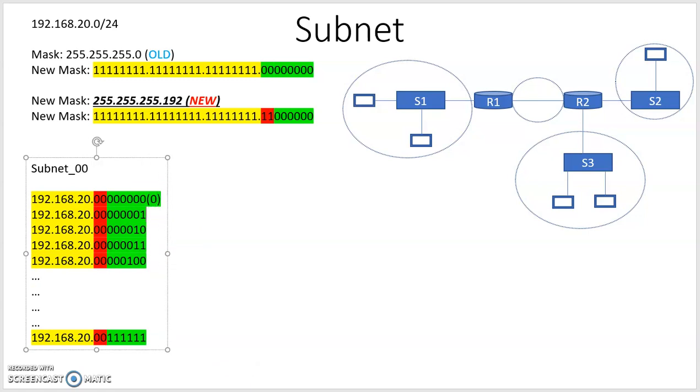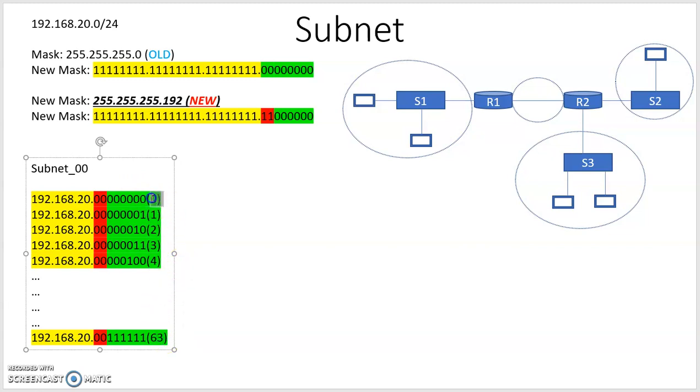This is 0, this is 1, this is 2, this is 3, this is 4, and the last one is 63. So the first subnet starts from 0 and ends at 63.